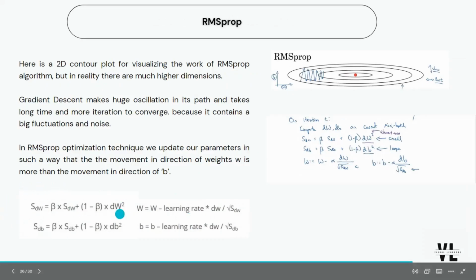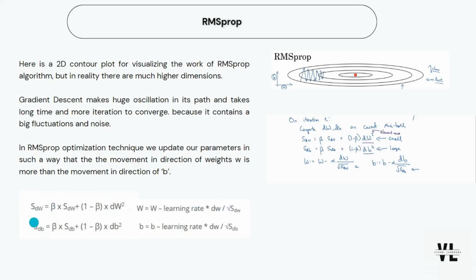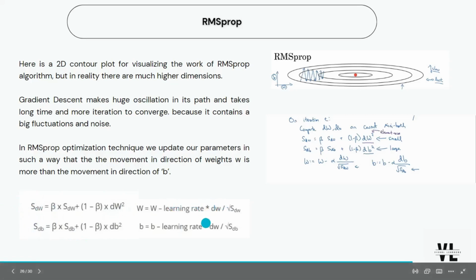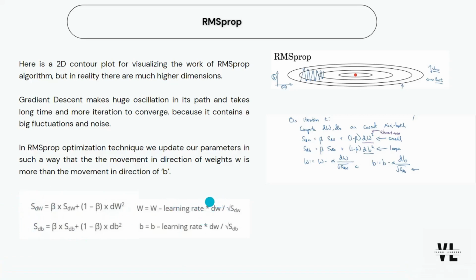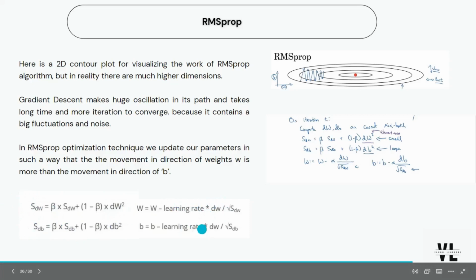But here, once the exponentially weighted moving average for the gradients is computed, we're not going to use SDW and SDB directly, but we're going to divide DW, and here I need to make a correction for DB, by the square root of SDW and SDB respectively.